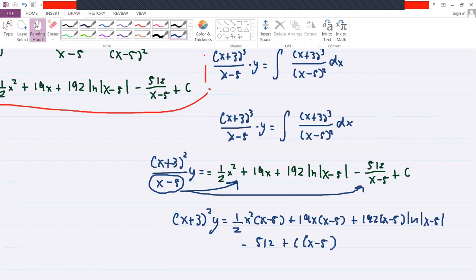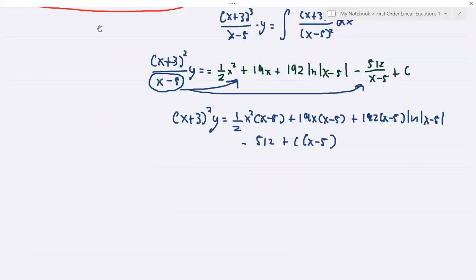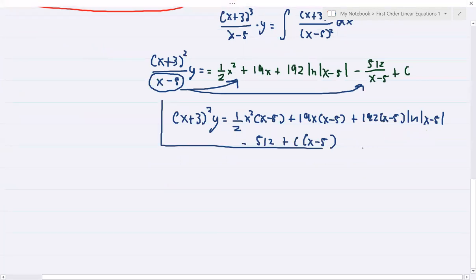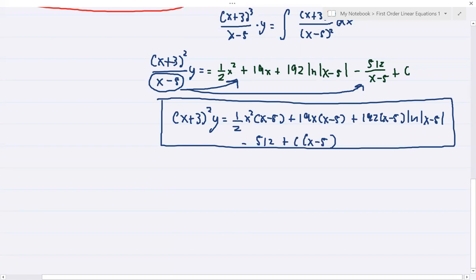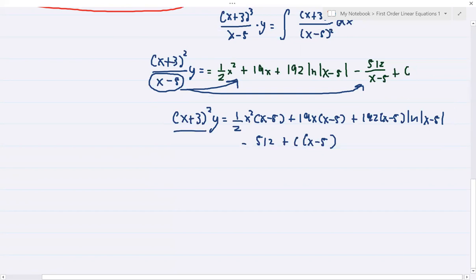Also, we can leave this as your final answer. Again, we can only leave this as your final answer if you want to stop. But if you want me to simplify further, then there is no problem to me at all. So since we have the square of x plus 3, right? We can divide both sides by the square of x plus 3.